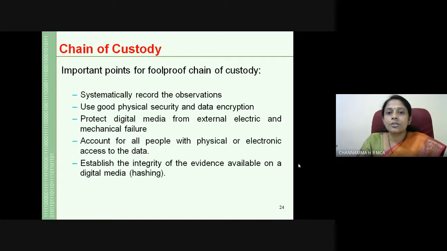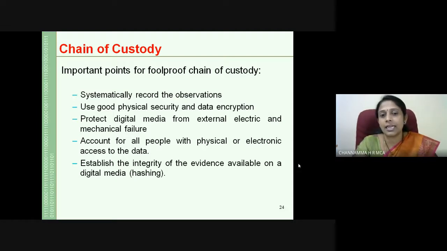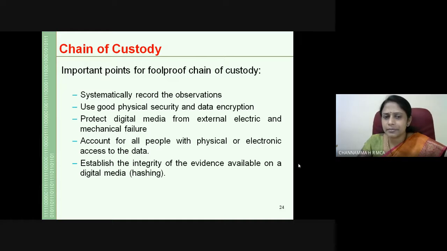So it has to be kept away from all those things, and account for all people with physical or electronic access to the data. Who all have access, and who all deal with those digital devices, has to be recorded properly. And then establish the integrity of the evidence available on the digital media.